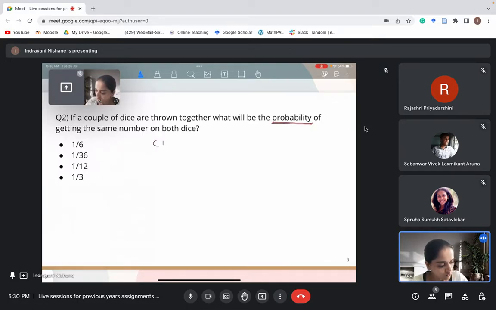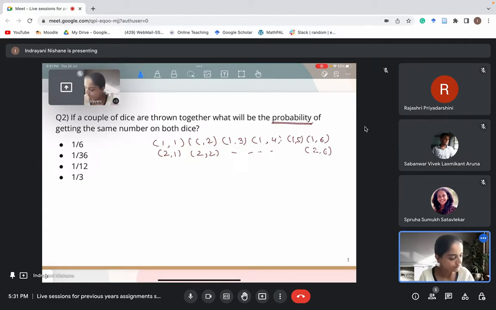Right? So 1, 1, 1, 2, 1, 3, 1, 4, 1, 5, 1, 6. Similarly, 2, 1, 2, 2 till 2, 6. And 3, 1 till 3, 6.